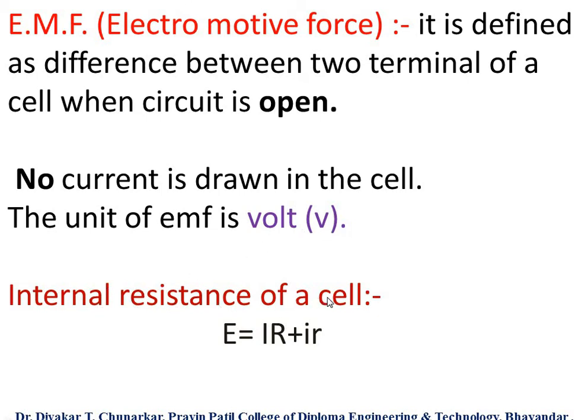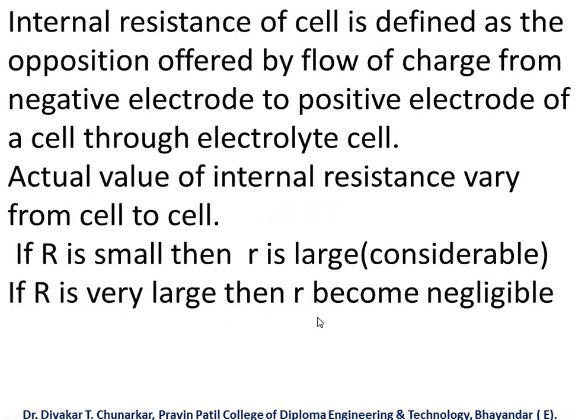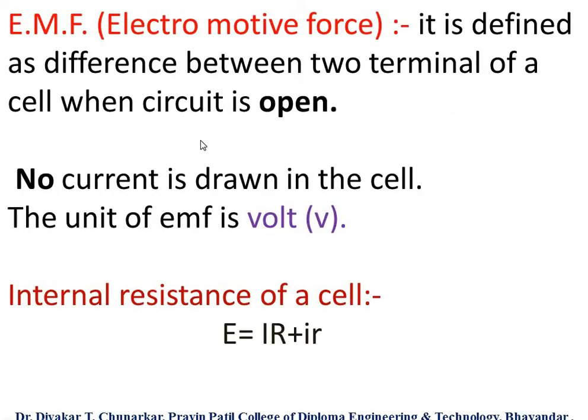Then the internal resistance of a cell: E equal to IR plus Ir, keep in your mind. Here E is the EMF, I is the current, R is the external resistance, and r is the internal resistance.